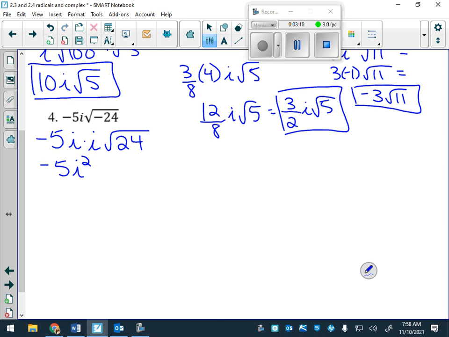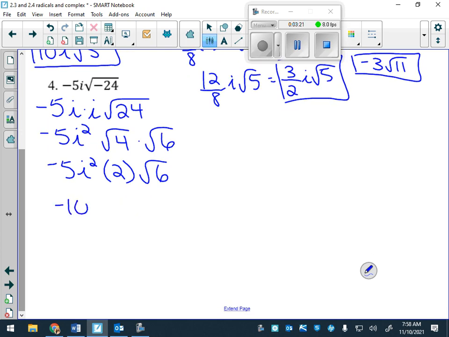Emily? 4 and 6. We have 2 root 6. So now, -10 root 6, what does i squared equal? -1. That was your final answer.